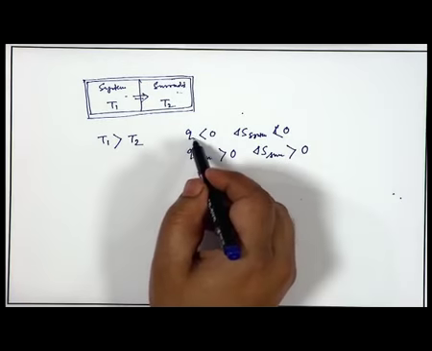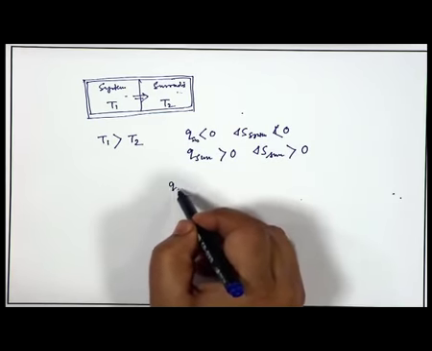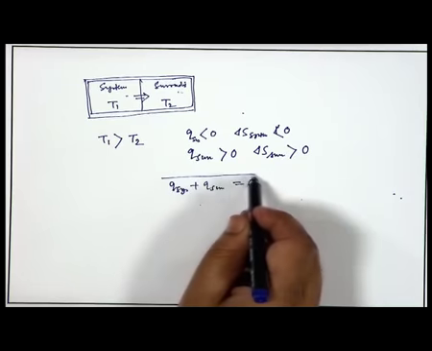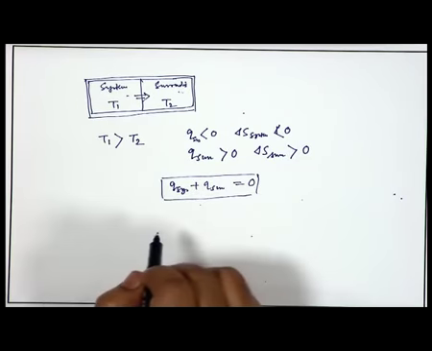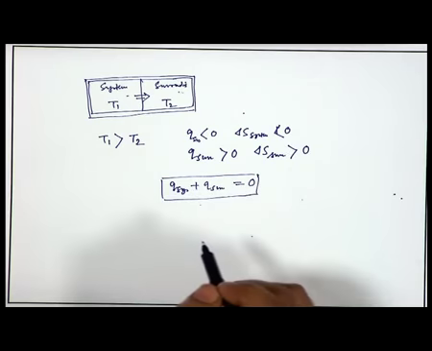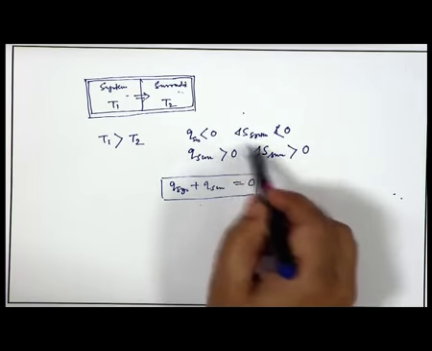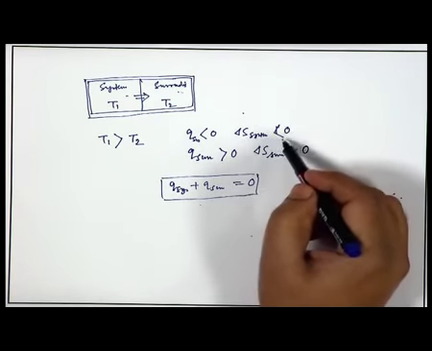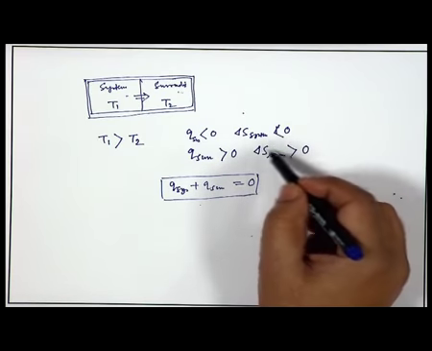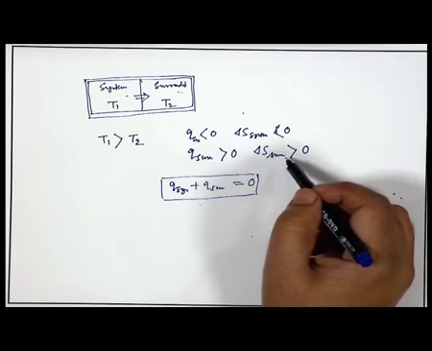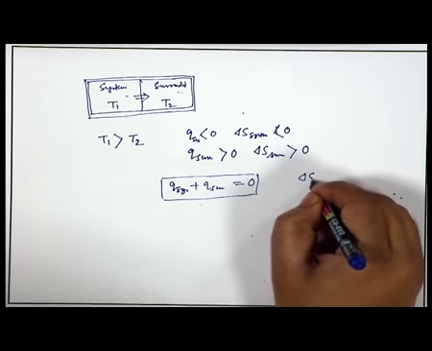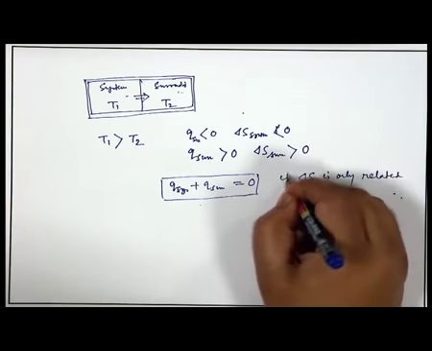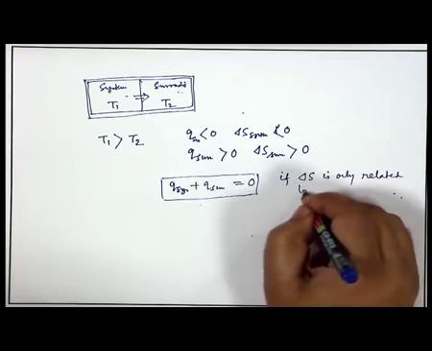Now, we know that Q for system plus Q for surroundings is 0. That we know from the first law of thermodynamics, which I explained at the beginning of today's lecture itself. So, if delta S is only related to Q, then obviously the decrease of entropy is exactly matched by the increase in entropy.